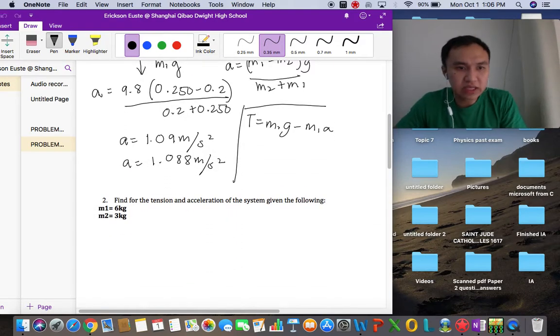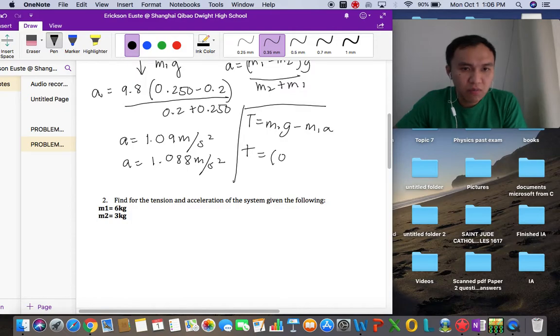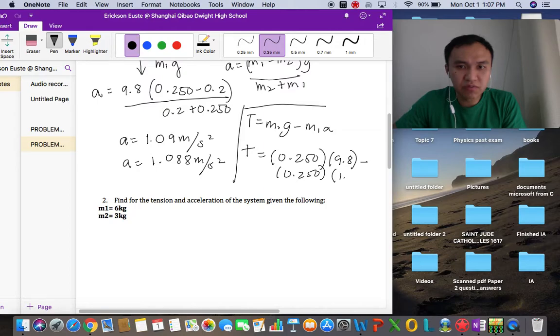So that means that we can have tension is equal to 0.250 times 9.8 minus 0.250 times 1.09. So the answer is 2.18 newtons.